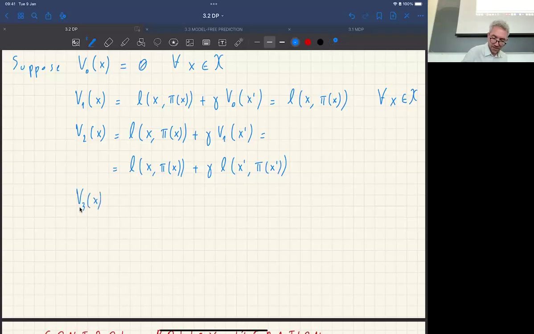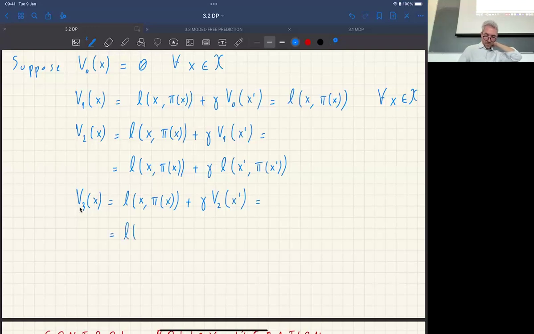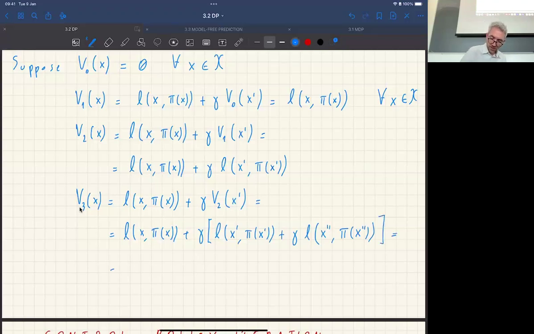V3 of x is going to be the cost plus gamma times V2, but V2 is nothing more than the cost for that state plus gamma, the cost of the state after that one. Which I can rewrite again.